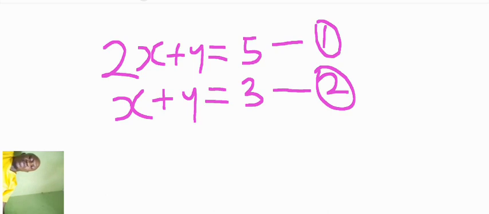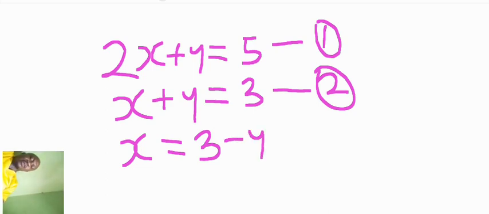You take one of the equations and make a variable the subject in that equation. I am going to take equation 2 and make x the subject in that equation. So from equation 2, I have x to be equal to 3 minus y.